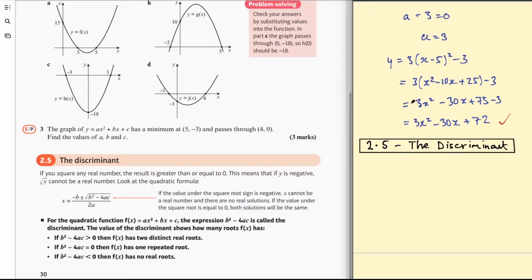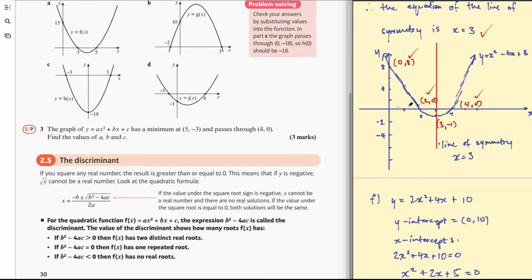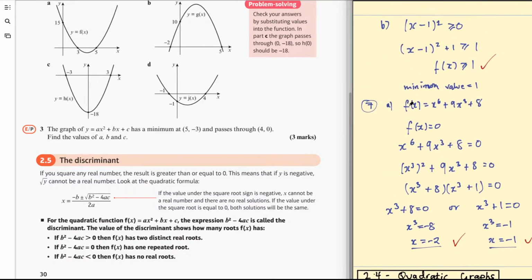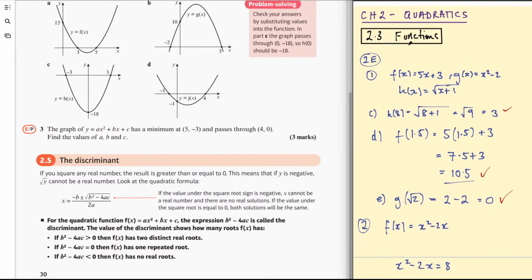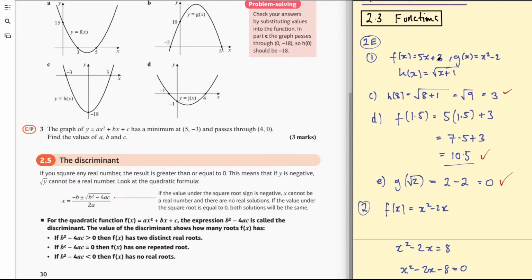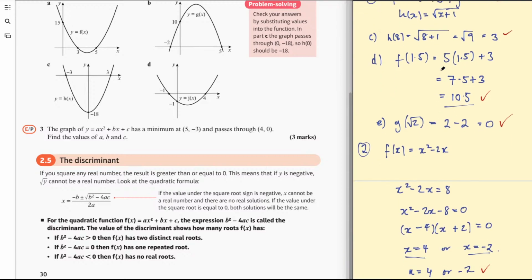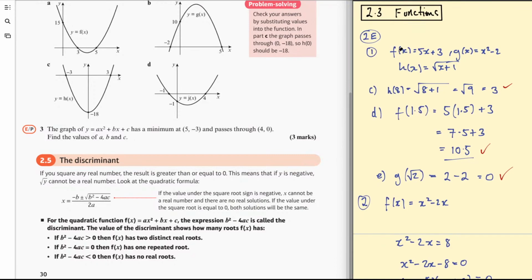Just to summarize, today we looked at functions, we talked about why we introduced this new notation f of x. We said it gives us a way of identifying a function rather than just an expression, and it makes life easier down the road when you get into calculus and things like that.